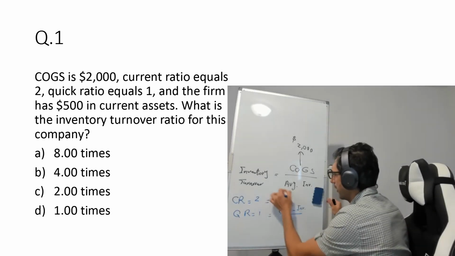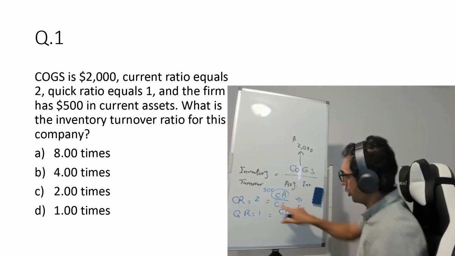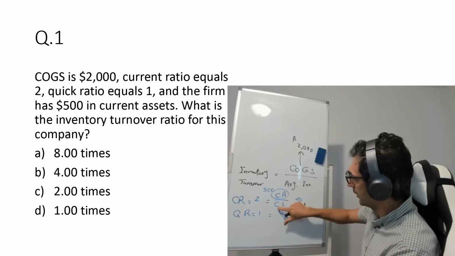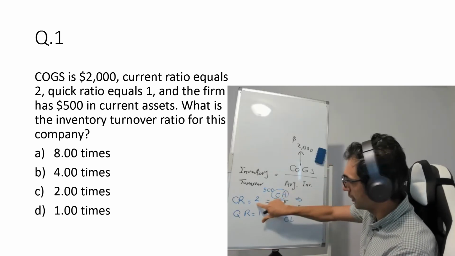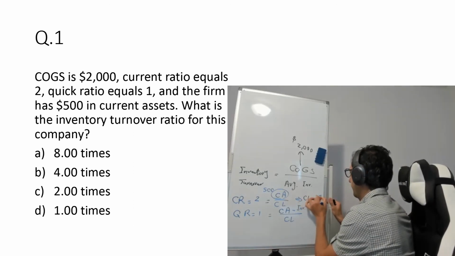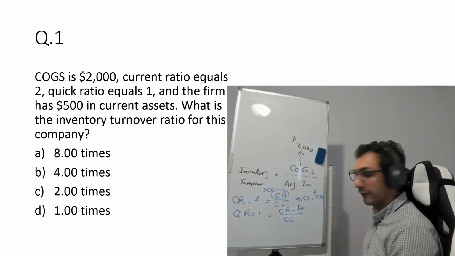So if the current assets are $500, what does it mean? It means that you can find the current liabilities from this ratio. The current liabilities will be $500 divided by 2, which is $250. So your current liability is $250.